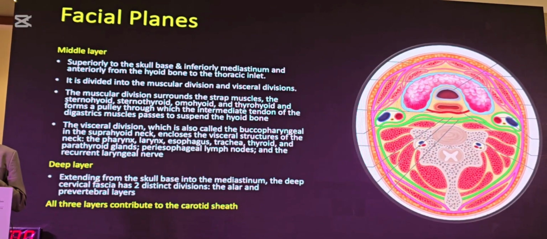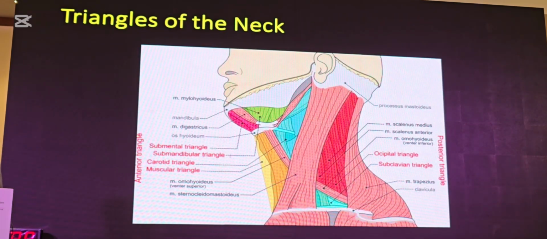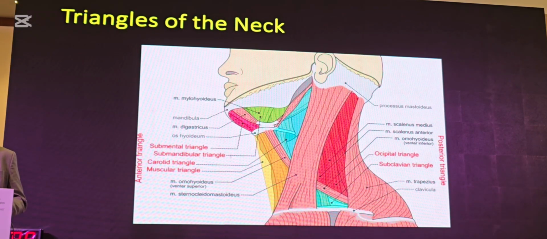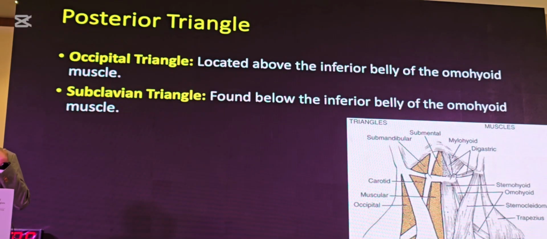Clear? So we'll go on to the next thing. All three layers contribute to form the carotid fascia, that is the carotid space fascia. So triangles of the neck: anterior triangle, posterior triangle. Anterior triangle has submandibular, submental, carotid, muscular triangle. Posterior triangle has occipital triangle and subclavian triangle.